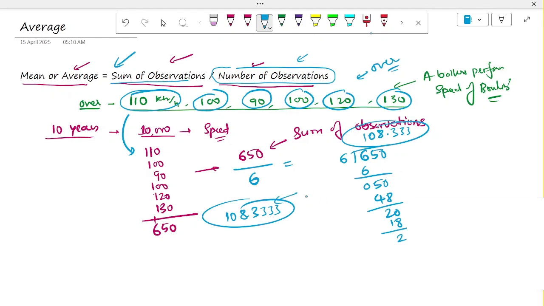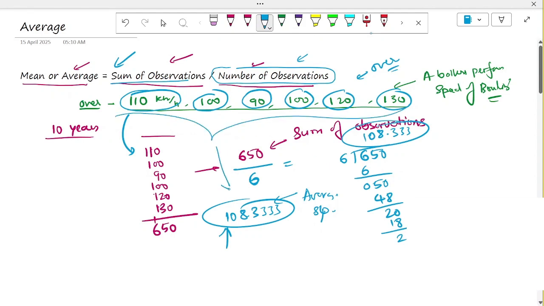This is our average speed. So this particular value is representing all these speeds. All these speeds are represented by only one value.